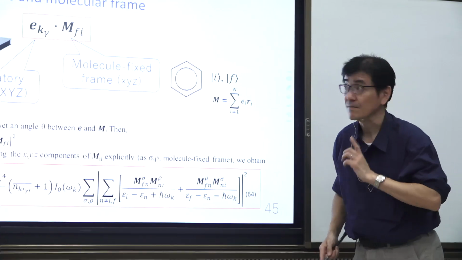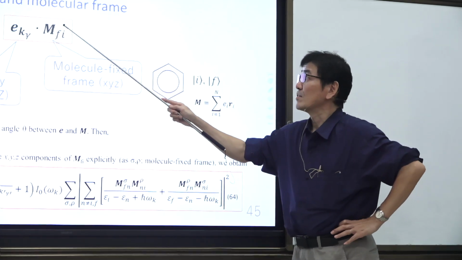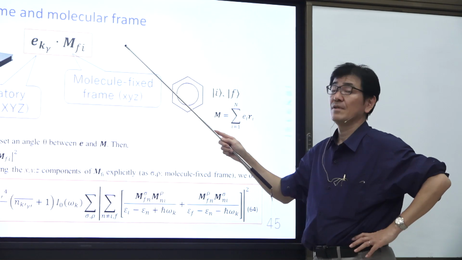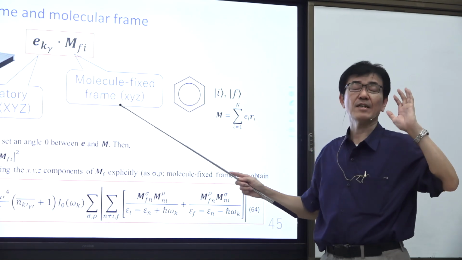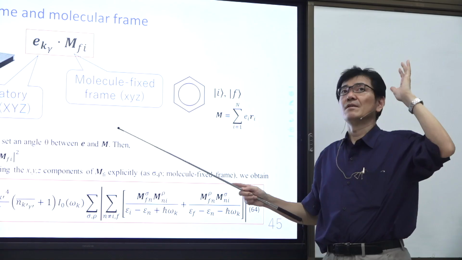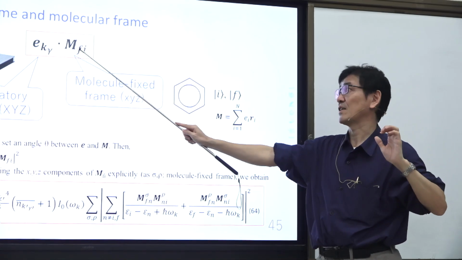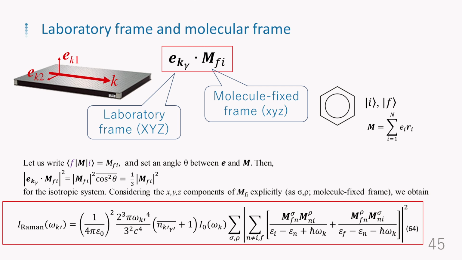On the other hand, a transition dipole moment M_FI is calculated by taking account of the wave function of the molecule at the initial state, final state, and momentum operator. Initial state, final state, momentum operator are all defined on the molecule.